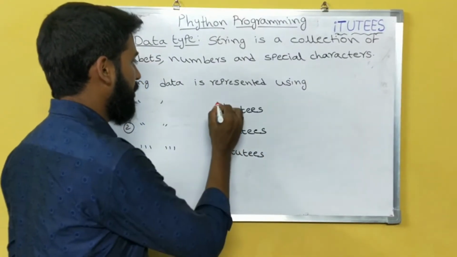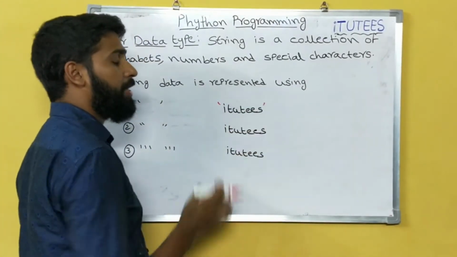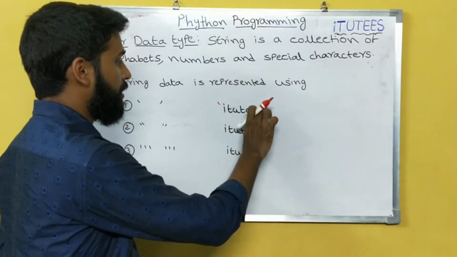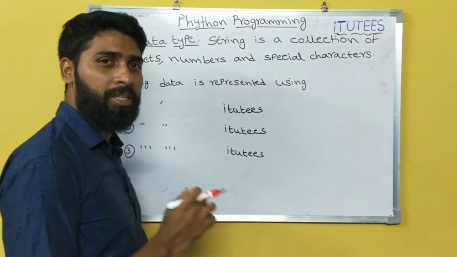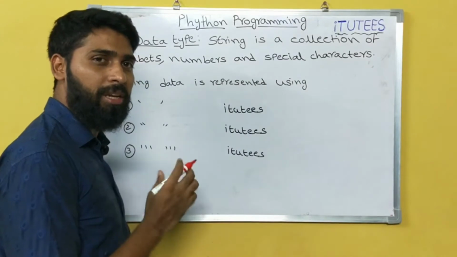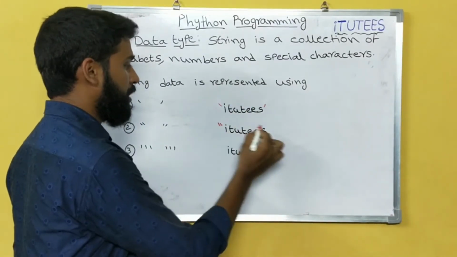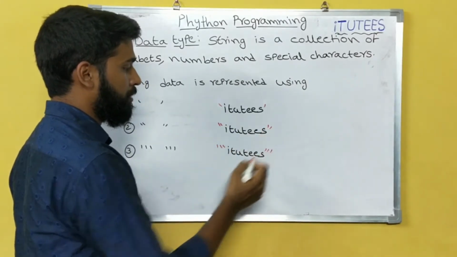That means if I give single quotation, then the Python interpreter treats this as a string. If you are not giving single, double or triple quotation, then it returns an error. So how can we represent a string? In three ways: single quotation, double quotation, or triple quotation.